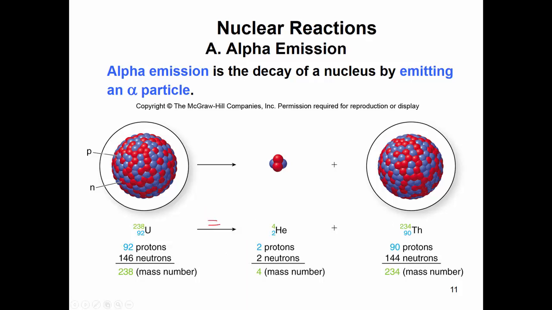Okay, if you want to put an equal sign there, that's fine. So 4 plus 234 equals 238. So that matches, okay, or is equal. 2 plus 90 is 92. So that's equal. Okay, and so that's what it's referring to when you have to balance these nuclear reactions.